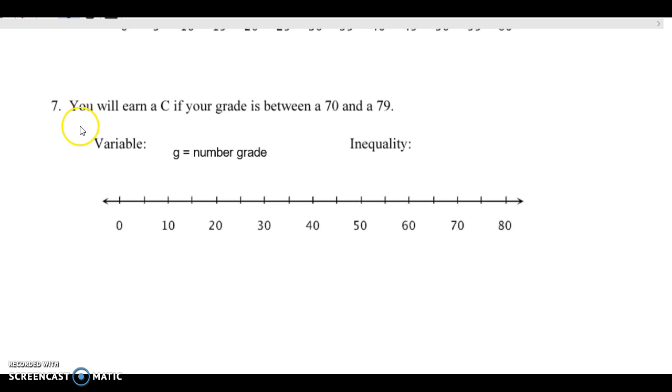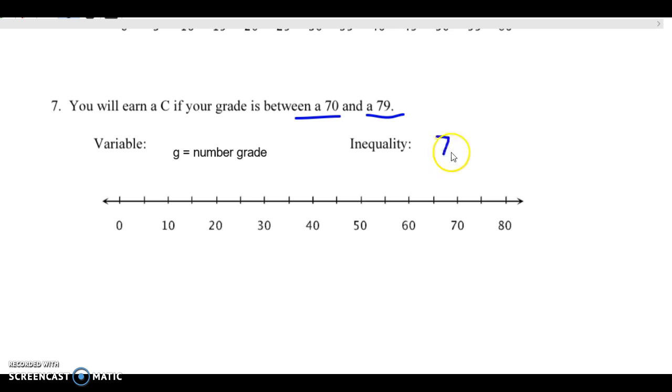Okay, number 7. You will earn a C if your grade is between a 70 and 79. So the variable that I defined was G for the number grade. Now this is going to be a compound inequality because you want the grade to be between 70 and 79.